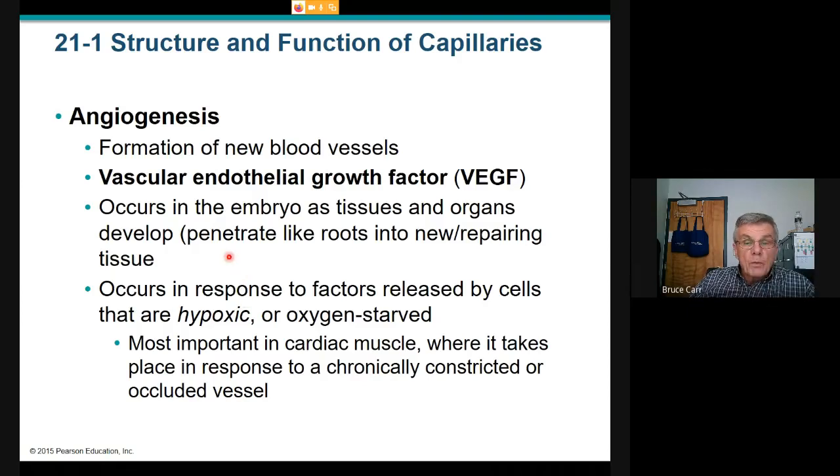There is a hormone, the vascular endothelial growth factor, that stimulates this blood vessel renewal, and it begins in the embryo during development, and it basically reacts to damage and inflammation during healing.